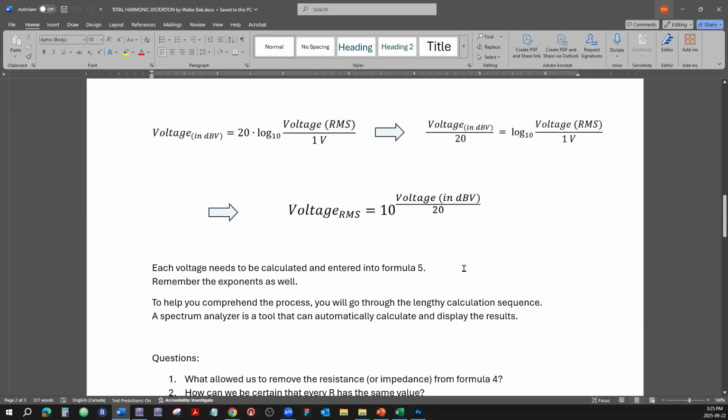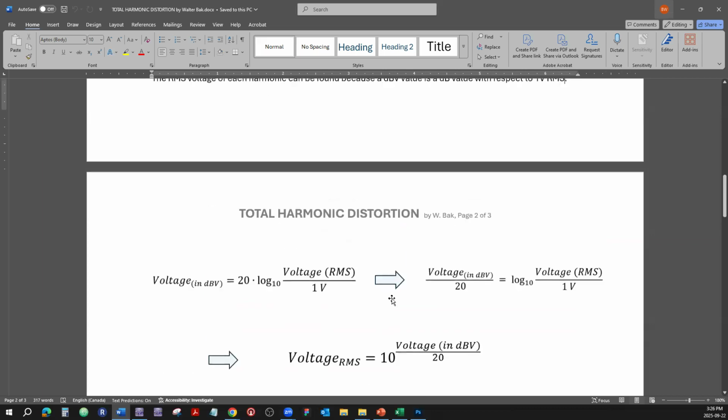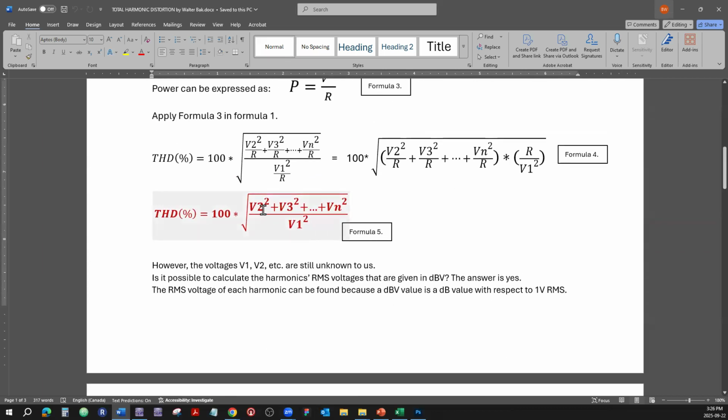So when you're going to be asked to calculate total harmonic distortion, you're going to have to go through the long, extensive calculations. And I'm going to ask you to show everything beautifully on paper in a way that I don't have to decipher your thinking. Maybe I'll show you some example later on. So skip no step, just keep writing things, and you're going to need an extra piece of paper for that one. Each voltage needs to be calculated and entered in formula 5 here.